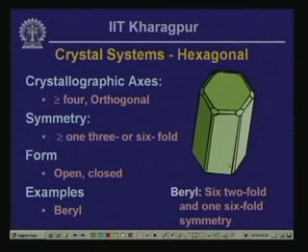And we already have considered the example of the mineral beryl. This particular mineral has 6 two-fold symmetry axes and 1 6-fold symmetry axis. So, if you rotate this mineral about the axis which goes from top to bottom, you are going to repeat the pattern 6 times for a 360 degree rotation.